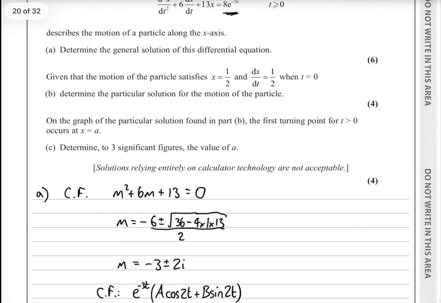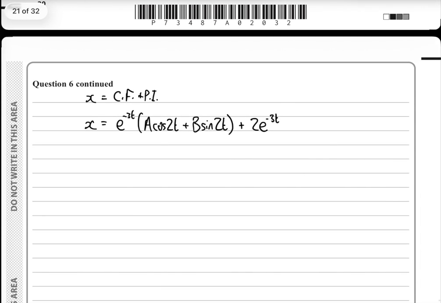Given that the motion of the particle satisfies x equals a half and the derivative equals a half when t equals 0, determine the particular solution. Okay, we're going to need to differentiate this. Differentiating the term in front gives us this.